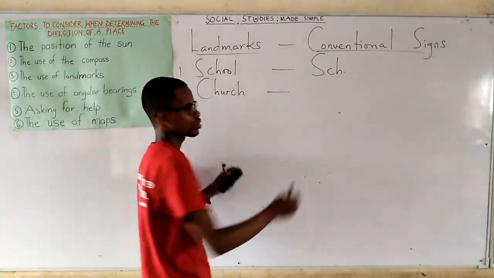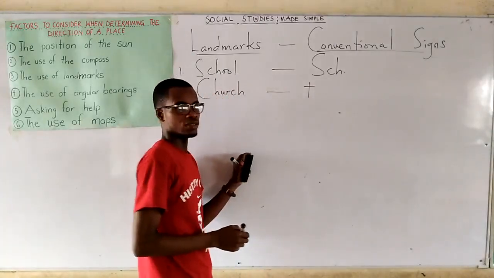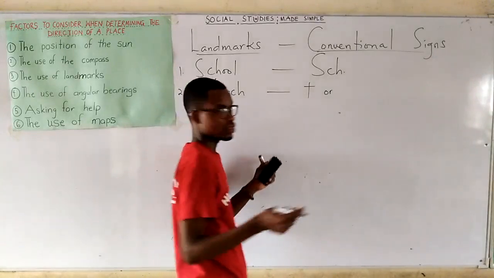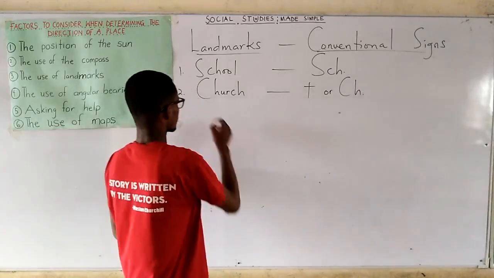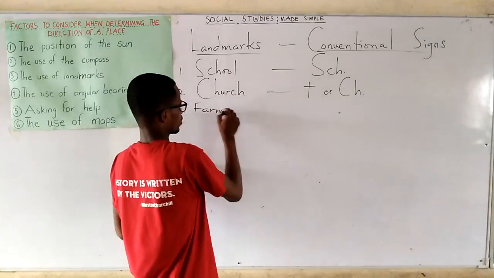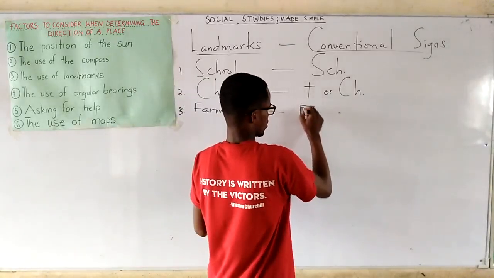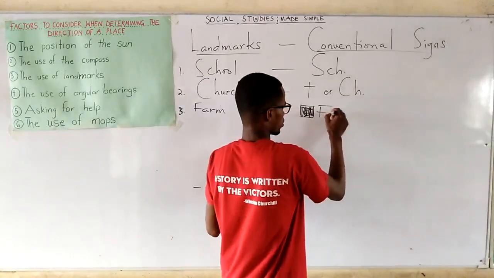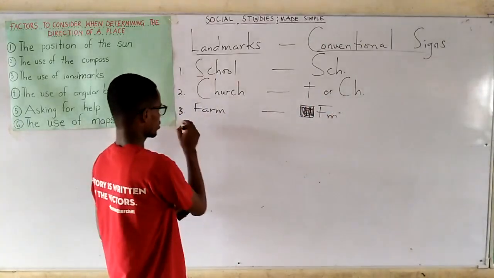If it is a church, there is this crucifix, or what people usually call a cross, or there's a CH. Where there is a farm, you have this shaded box with FM. So these are the symbols or the signs.